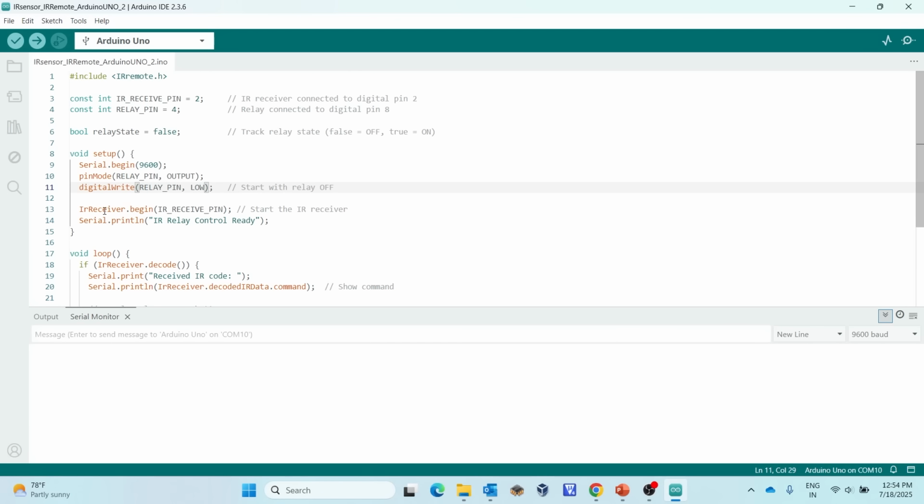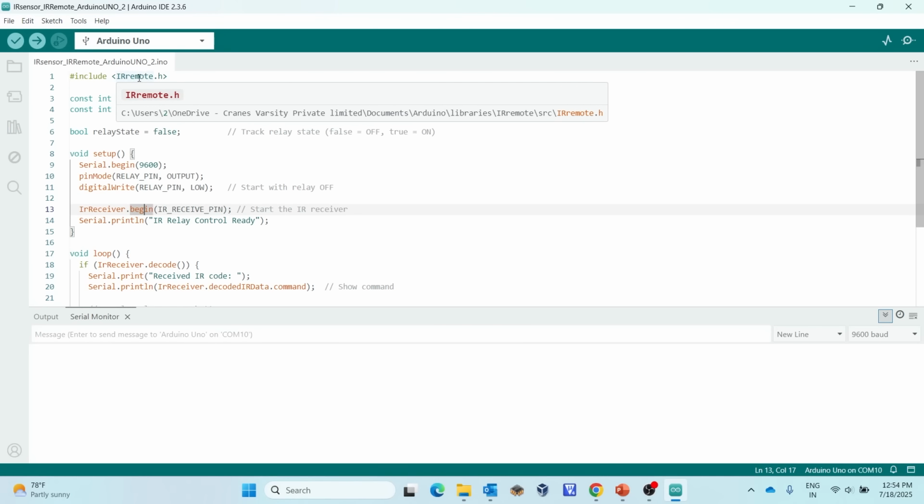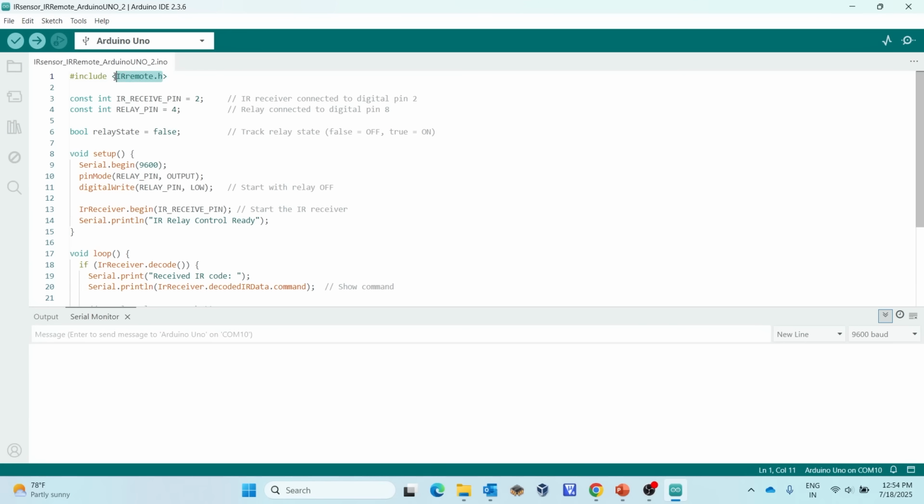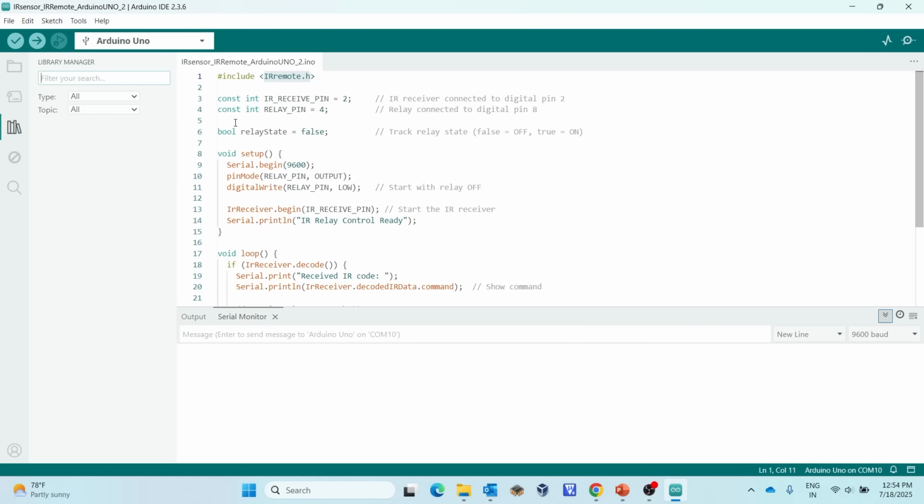All these functions, IrReceiver.begin and others, have been derived from the IRremote.h header file. Before writing this source code, I would ask you to install IRremote.h by going into Tools and Manage Libraries.